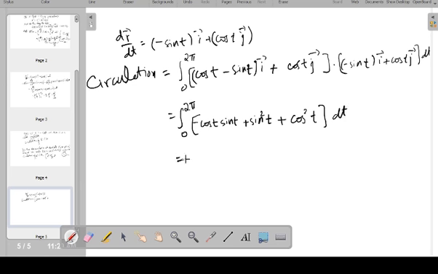Alright. This is 1. So integral 0 to 2 pi. And what is this? 2 sin t cos t is sin 2t. So this quantity is minus sin 2t divided by 2, right? Plus 1, dt.